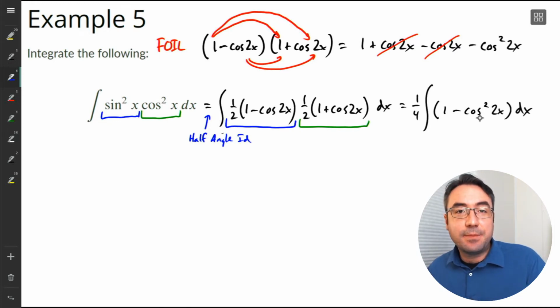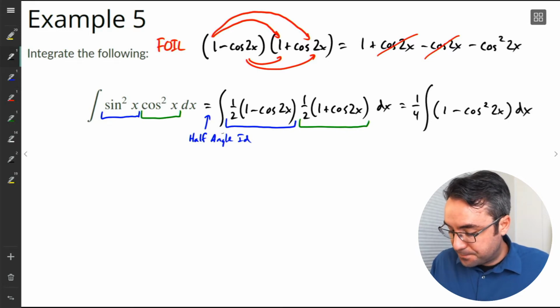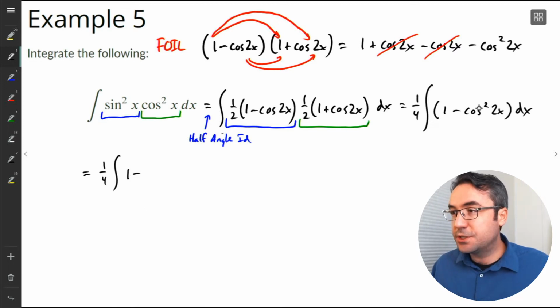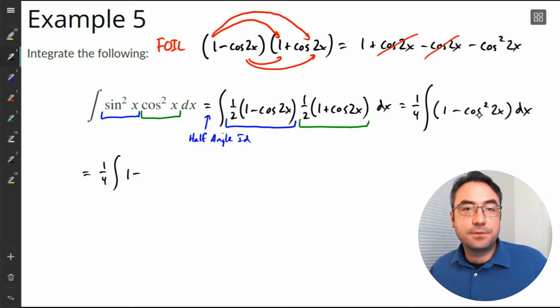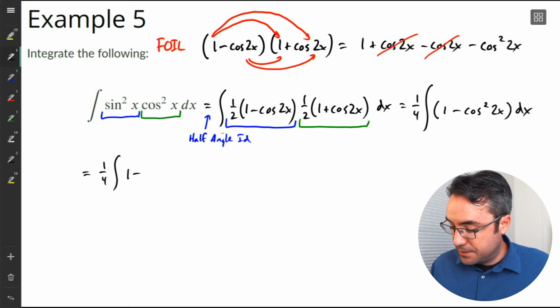That gave us an even power, so now we have to do it again. We're just going to replace this cosine squared of 2x with our half angle formula. So let's write it out.